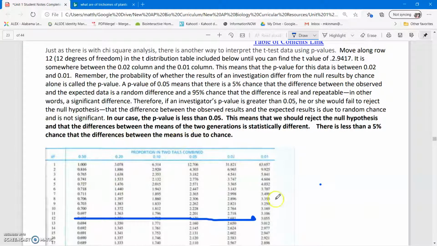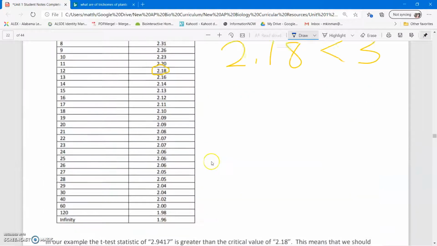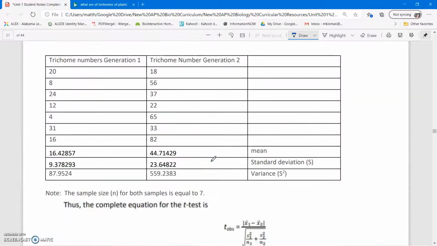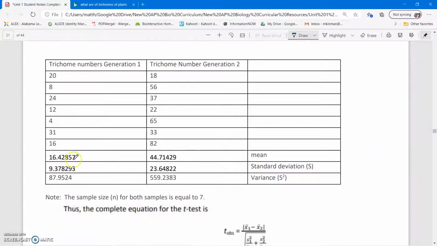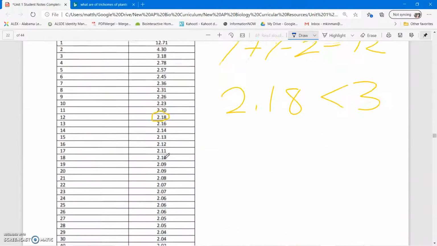So in our example data, since it is less than 0.05, that means that there is less than a 5% chance that the difference between these two means is due to just random error. That means there's something going on that supports our alternative hypothesis.